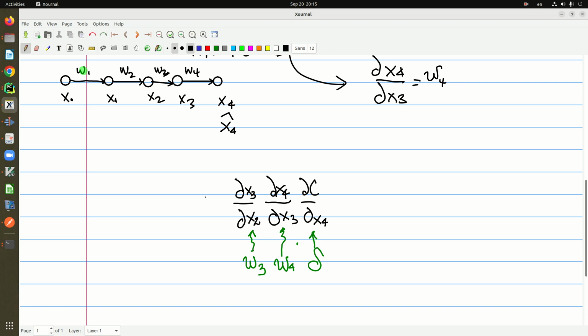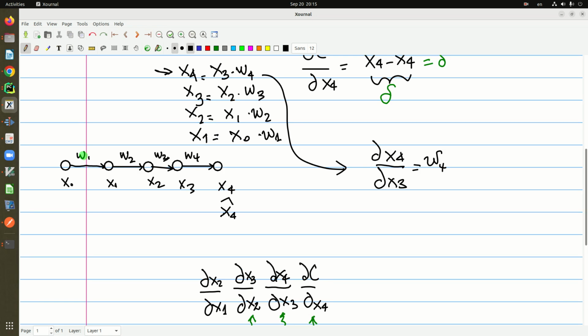Now let's put here dx2 over dx1. This is W2.